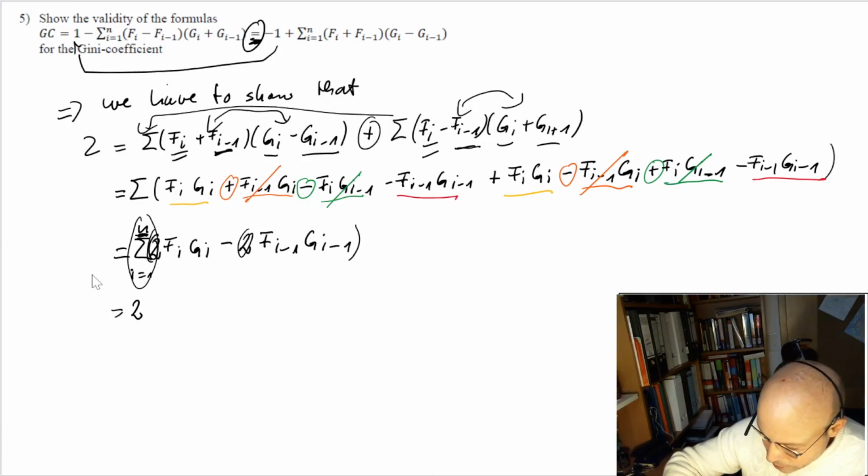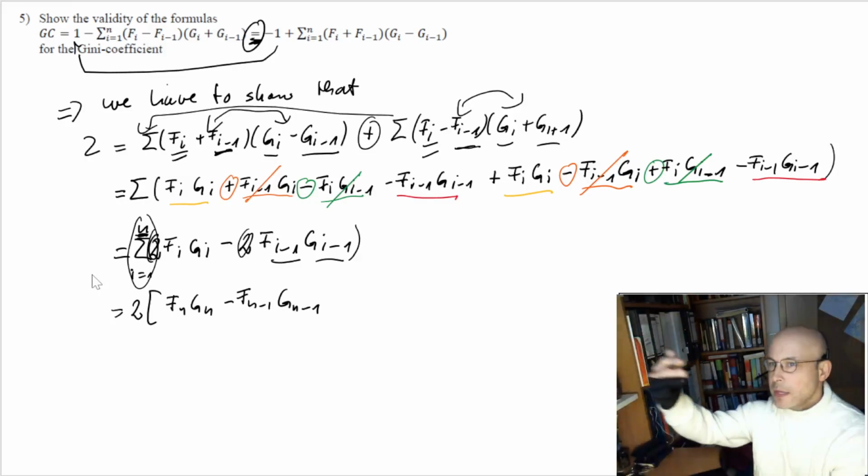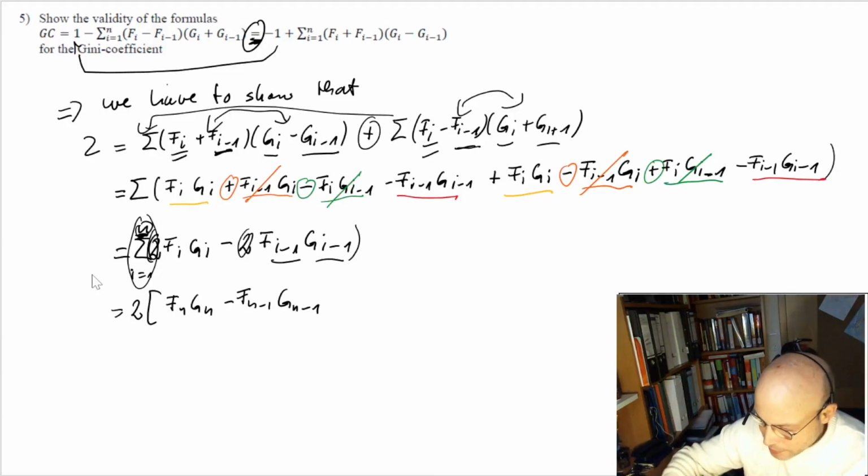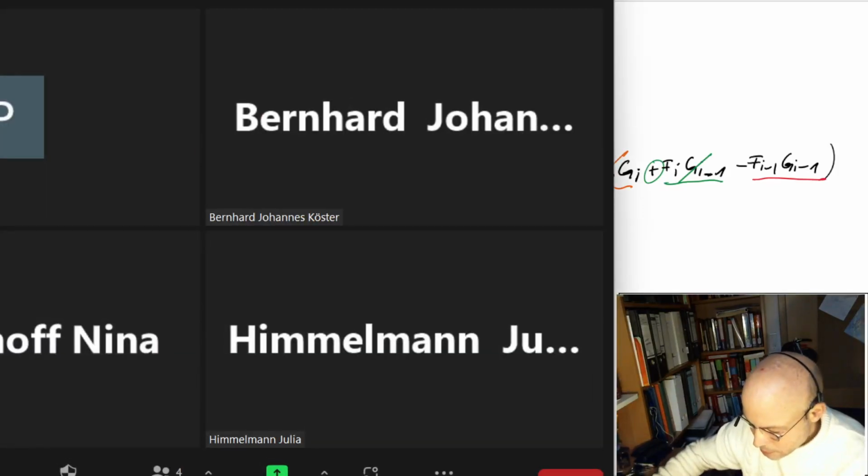Then we have 2 times f_n g_n minus f_{n-1} g_{n-1}. Then we go one step back, from n to n minus 1, so plus f_{n-1} g_{n-1}.